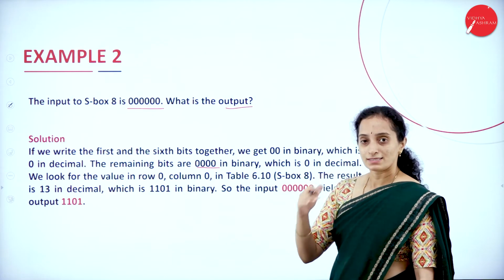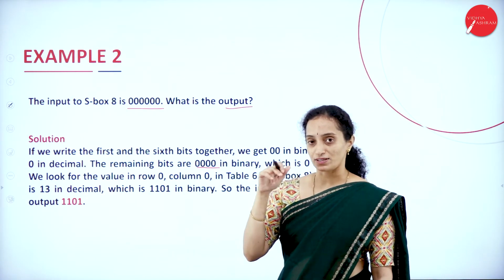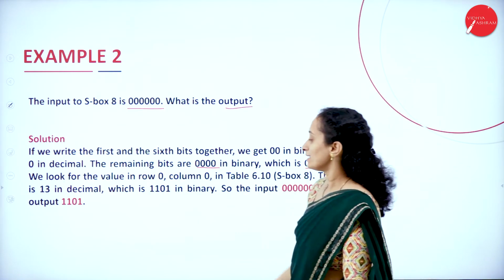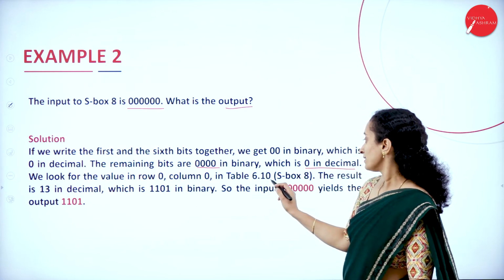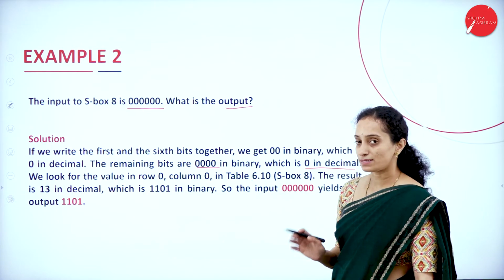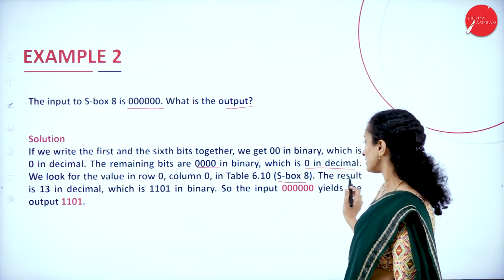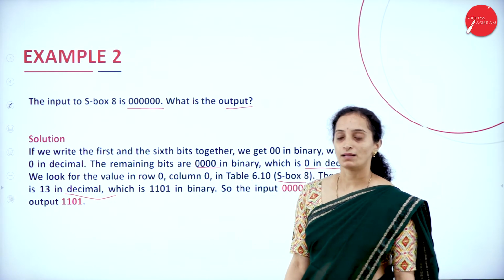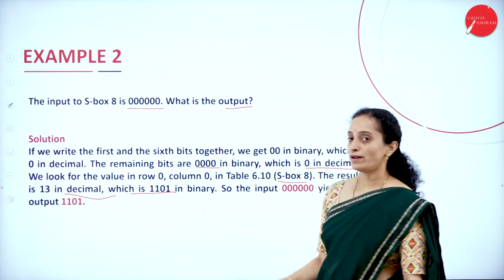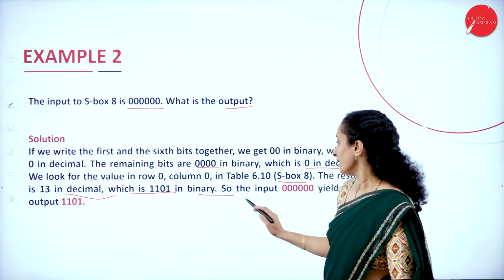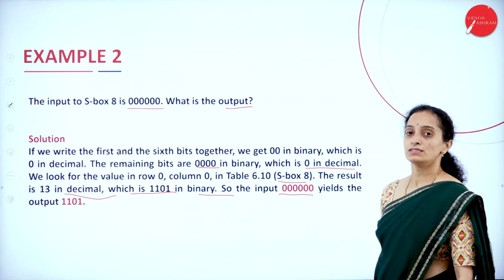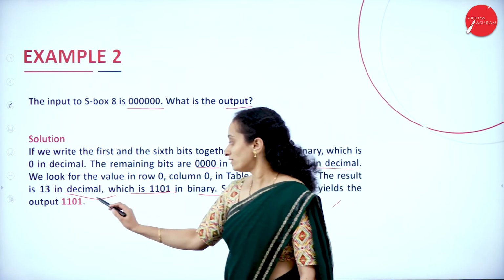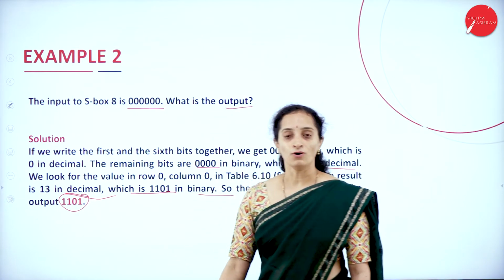That means the 0th row, that is the first row, and the first column, which is 0 in decimal. When you look at the table, which is not given here, S box 8, the result is 13 in decimal, which is 1101 in binary. So the input 0, 0, 0, 0, 0, 0 yields the output 1, 1, 0, 1.